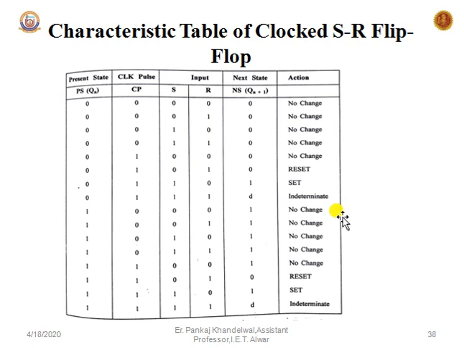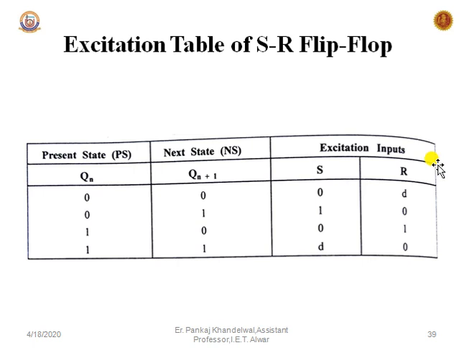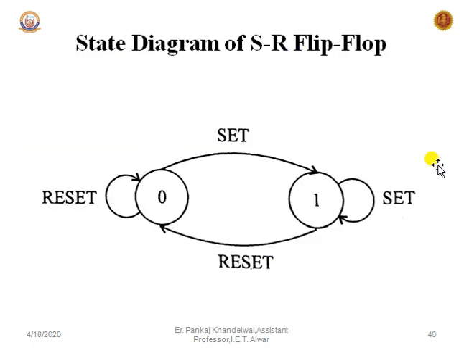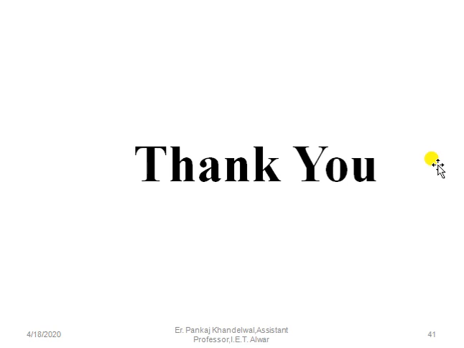By using the truth table we can make the characteristic table also, and by defining the minterms and maxterms in this table we can find the characteristic equation, and we can make the excitation table from this table, and after that we can show the state diagram. Thank you very much.